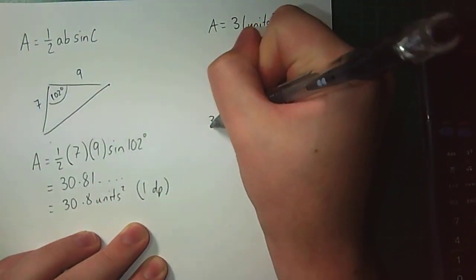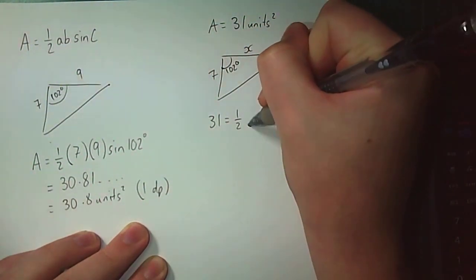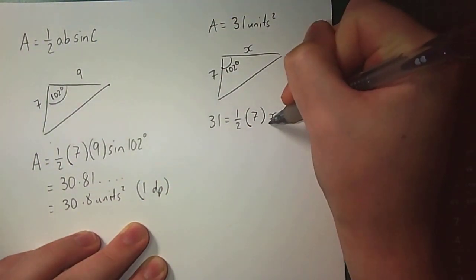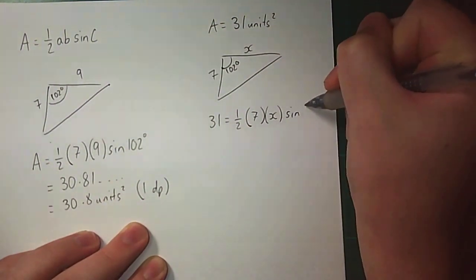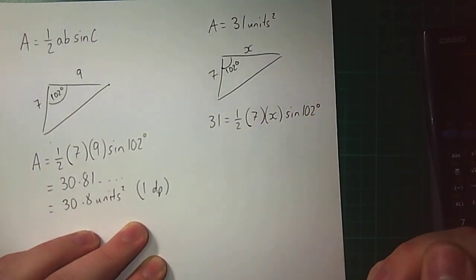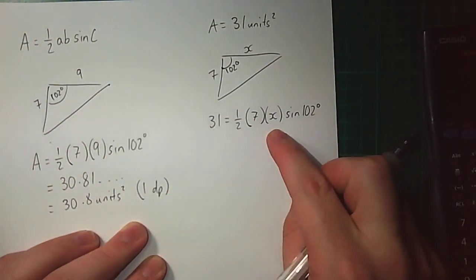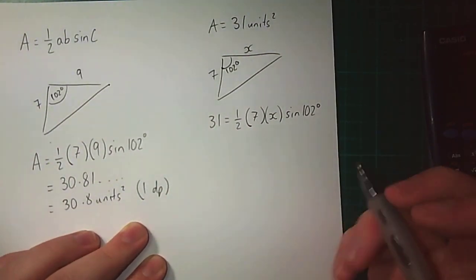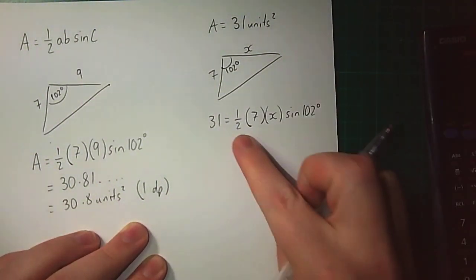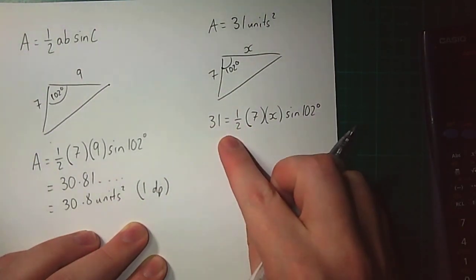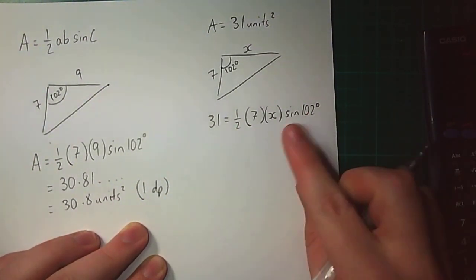So we have 31 is equal to a half times 7 times x sine 102 degrees. We need to get everything that isn't x over here. So the fastest way to do that, because this is all being multiplied together, is to divide 31 by everything that isn't x.